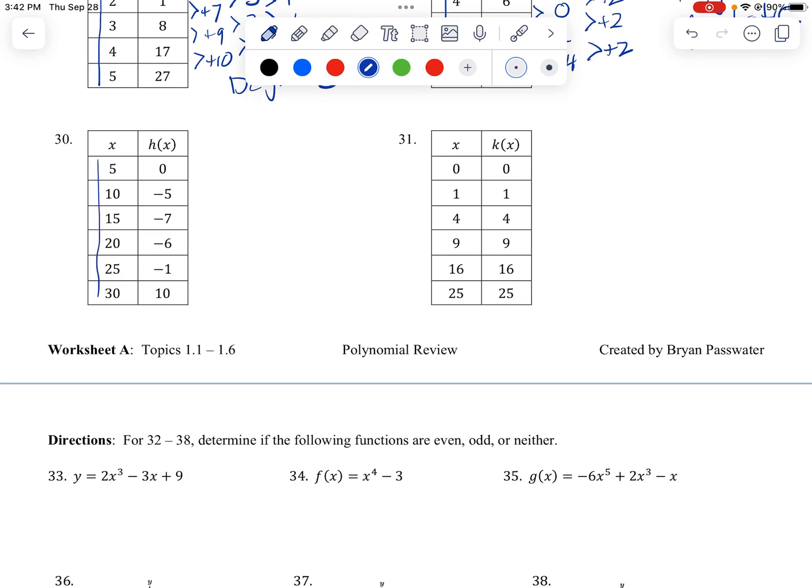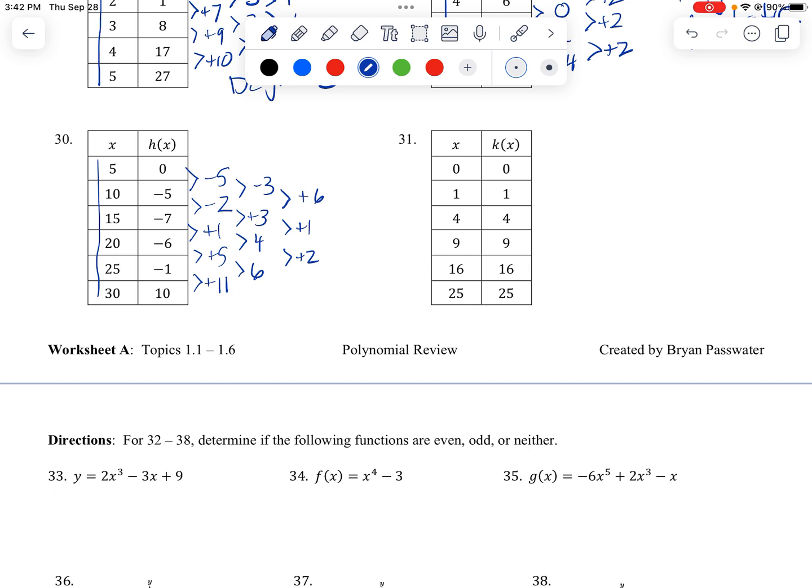30, these are all going up by 5. So let's see here, down by 5, down by 2, up by 1, up by 5, up by 11. So let's check the second difference, down by 3, up by 3, up by 4, up by 6. All right, let's look at this next one. Up by 6, up by 1, up by 2. Let's see, did I do this right?